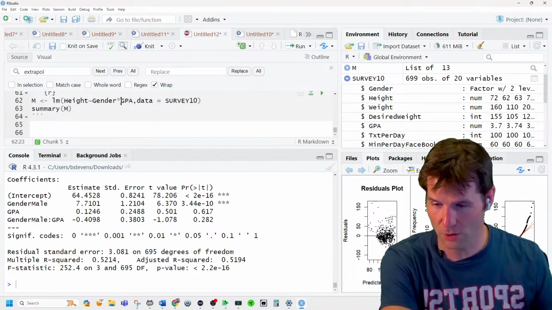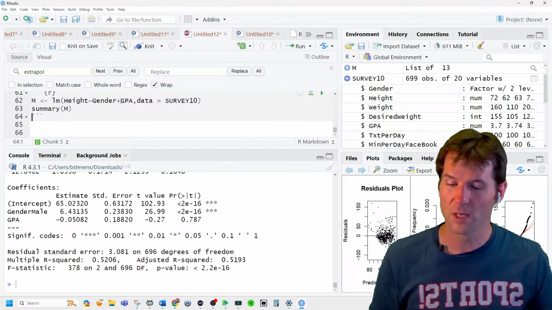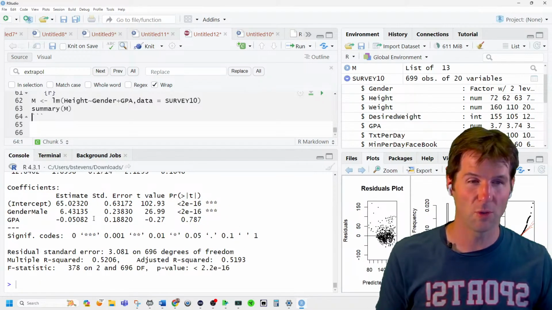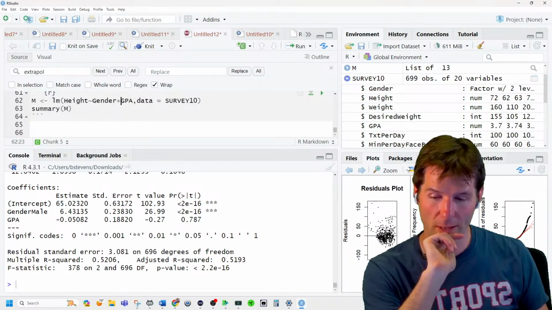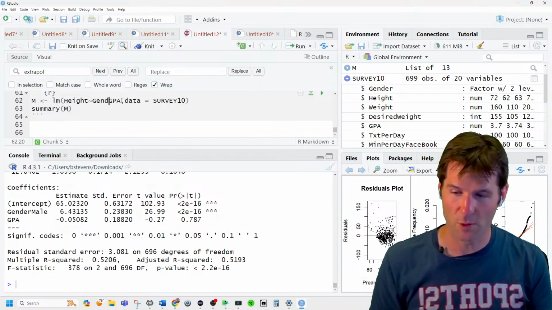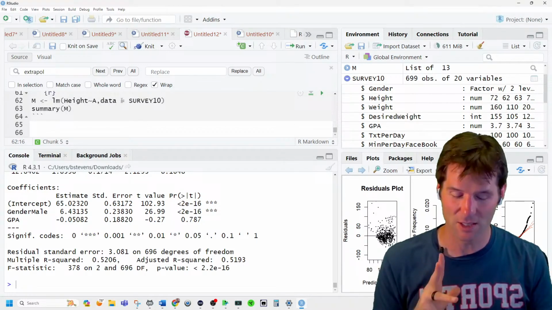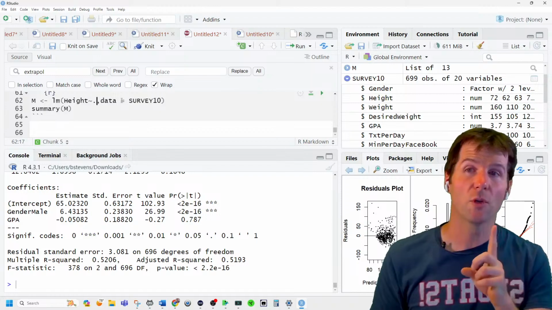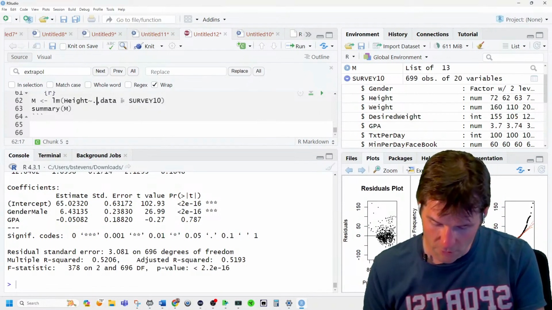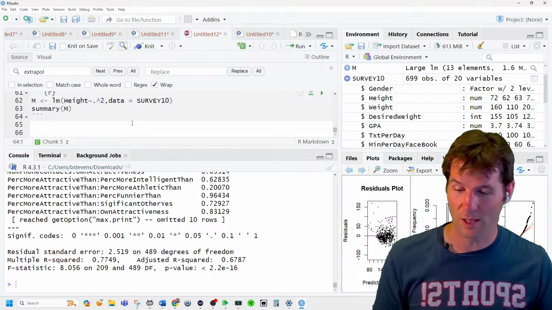X1 plus x2 just puts the variables in by themselves, and you get x1 and x2. Comparing that, this would be all the variables interacting with each other to the second interaction. It's all two-way interactions, which makes a lot.